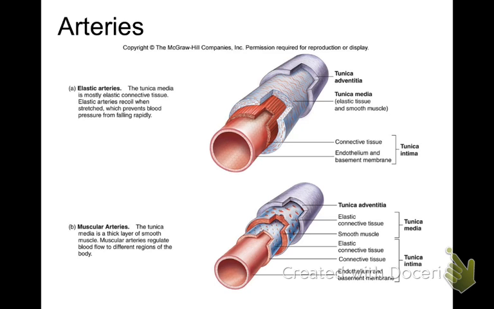Contrast the tunica media in the muscular artery and the elastic artery, and you see, yes, there's still elastic tissue. In fact, there are two distinct sheets of elastic connective tissue, an outer one and an inner one. But sandwiched between them is a layer of smooth muscle, and notice that smooth muscle is circularly arranged around the vessel's longitudinal axis, so that when that muscle contracts, it will constrict the vessel.